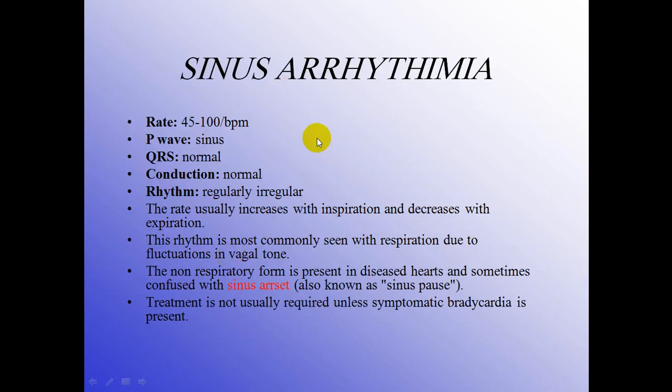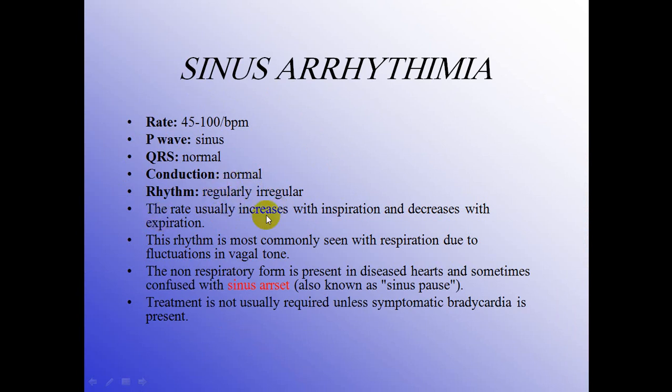Sinus arrhythmia is a change in the rate of the heart during inspiration and exhalation. The rate is between 45 and 100, so within normal, but here is bradycardia. P wave sinus, QRS normal, conduction normal, regularly irregular. So there is irregularity, but it comes in a regular fashion.